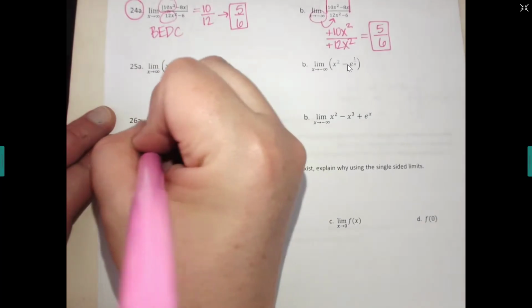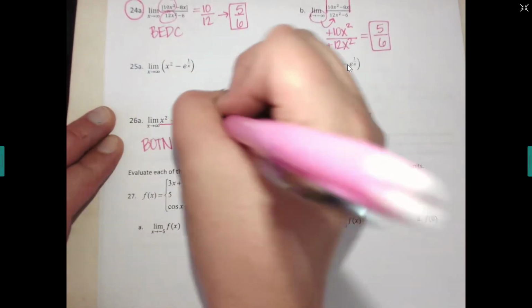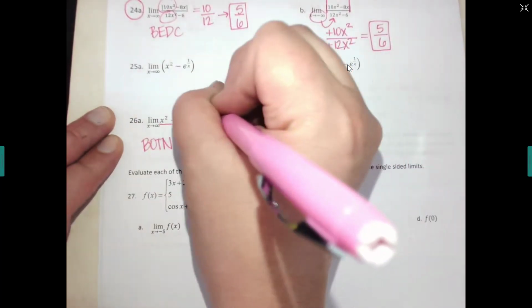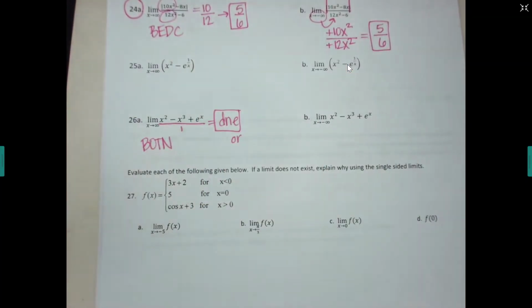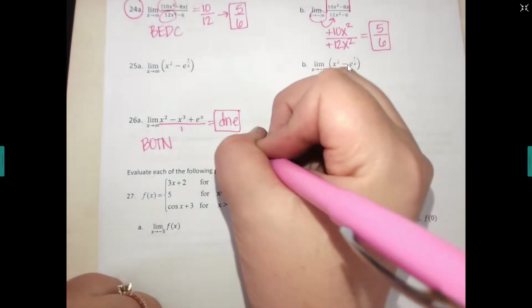And we know that Botans are DNE. But if you read the instructions for this section, it does say to consider if it's a plus or a minus infinity. So who is the biggest on the top? Remember, only the biggest really counts. And e to the x is always what sign? So this whole thing is going to be positive infinity.